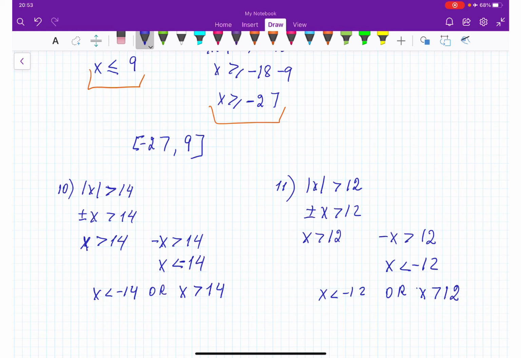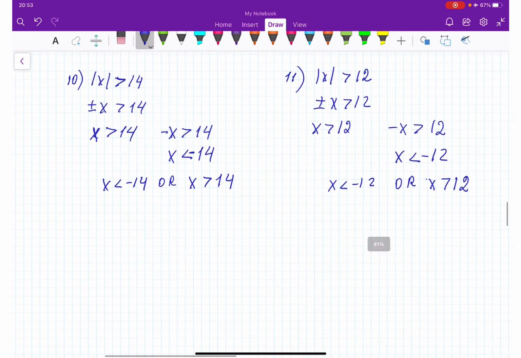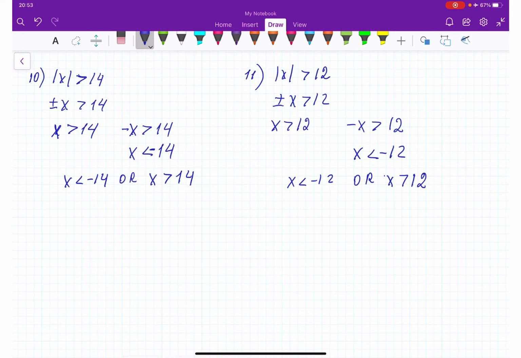So if we want to write it down in the interval notation, it's going to be x is less than negative 12, which is going to be negative infinity till negative 12, right? We put parentheses.